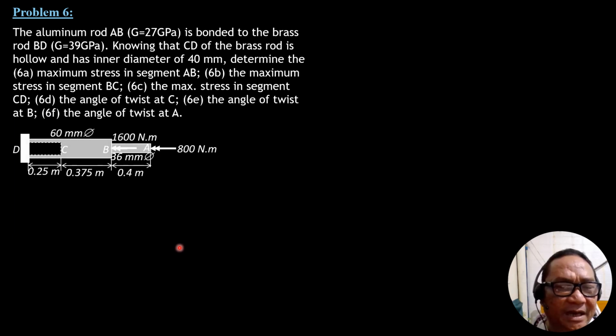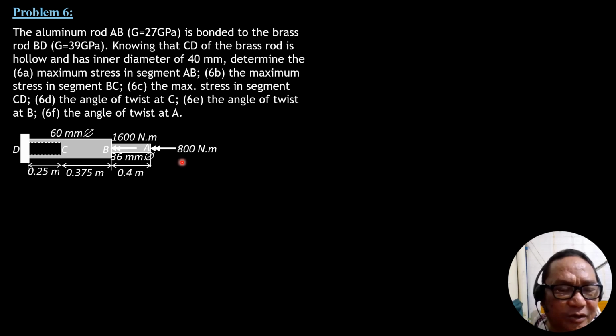So for the maximum stress in AB, if you cut a section here, the torque is 800 Newton meter. It is supposedly negative, but let's just treat it positive because anyway, you're just computing for the stress.